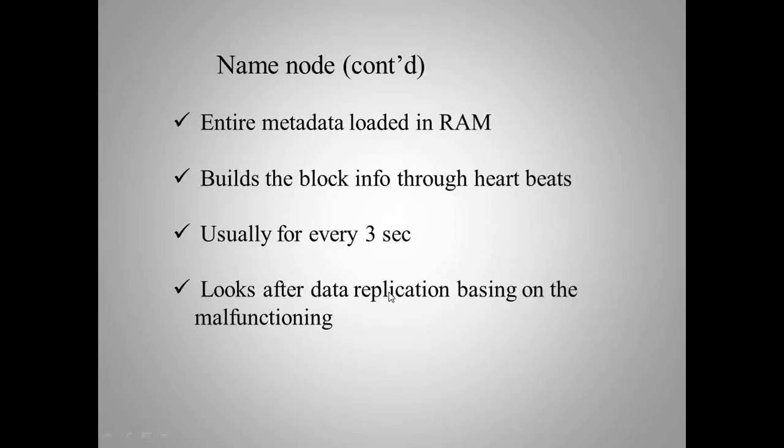If any one of the nodes fails, in order to make your replication back, the name node will take the privilege of making another healthy replication over your cluster. And this is how you can see all your data nodes sending signals to the name node.